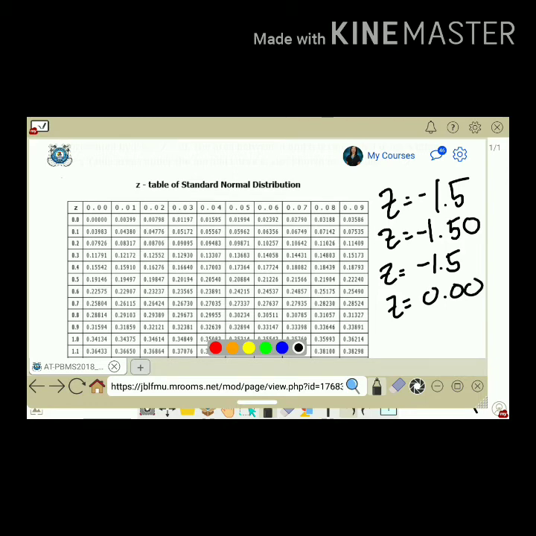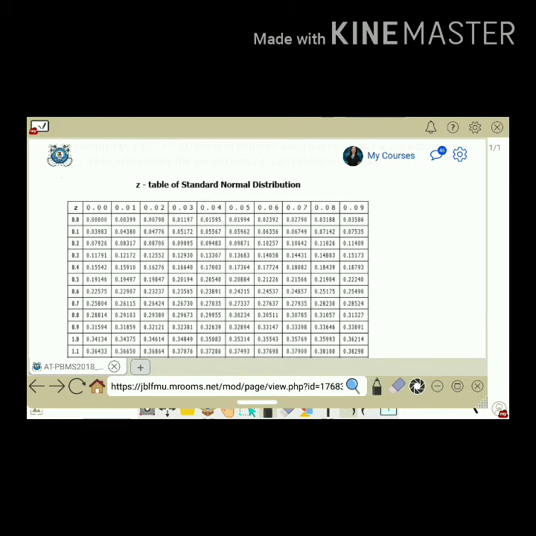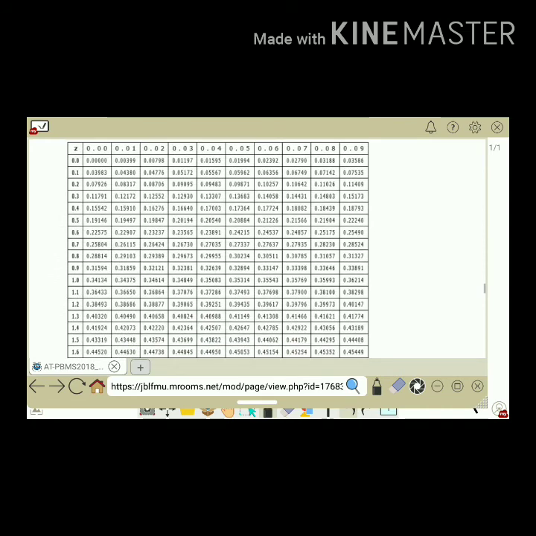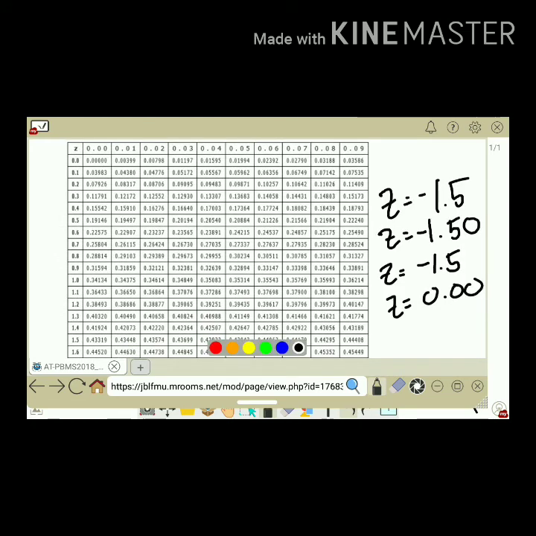So where is your 1.5? Here, 1.5, regardless of whether it is positive or negative, and then still 0, this one.